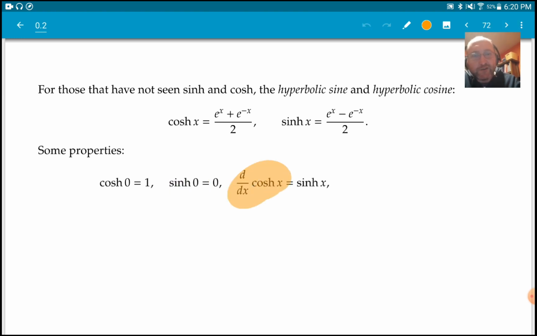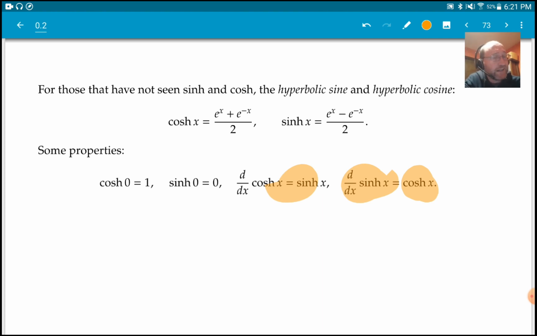The derivative of cosh is sinh. Here it's a little different, but very similar. And the derivative of sinh is cosh. Again, a little different, but very similar. There's a minus sign missing here, but other than that, this very much looks like sine and cosine. And it's really that minus sign that explains why these are the solutions of the fourth fundamental equation from the previous slide, when I had a positive constant in front of the y.